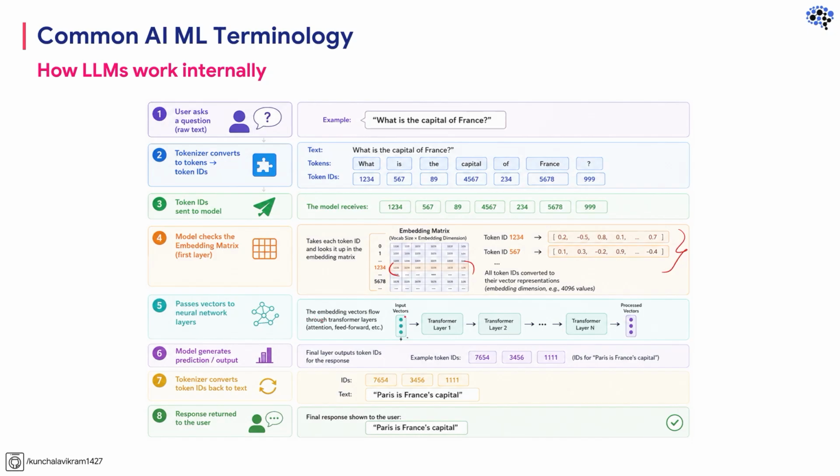The neural network, through the process of self attention, understands the overall question. We already talked about what is self attention. Finally the output is generated in the form of tokens only. And then these tokens are again sent to the tokenizer to convert them back to the actual words. For example, for this question, what is capital of France? We get Paris is France capital. So this is what is shown to the user.